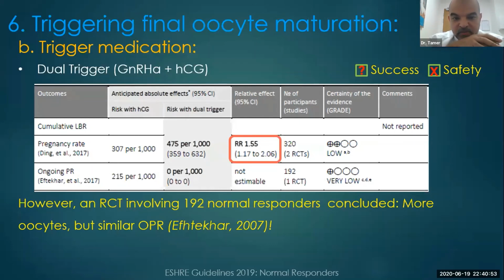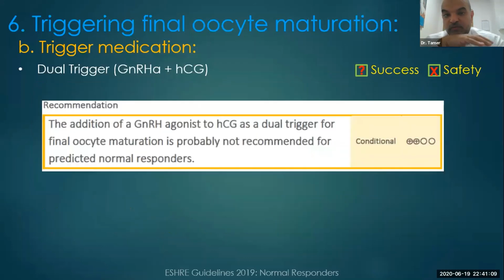However, other randomized controlled trials have been published and said no, actually it doesn't work this way. Maybe you get more eggs with a dual trigger, but not necessarily ongoing pregnancy rate. So the recommendation of the ESHRE regarding the dual trigger is that we don't yet have enough evidence to recommend using it routinely in normal responders.